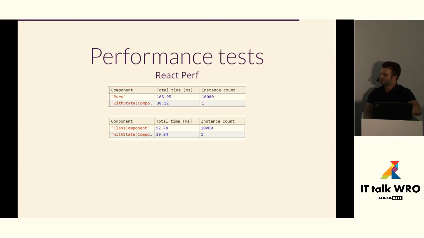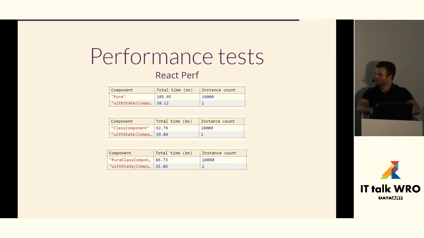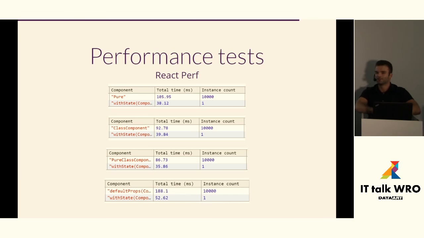Pure class component, 86. And the final one, yep, we have a winner: 188 milliseconds for rendering with default props, and this is just default props. If you want to use all the other features, the speed of execution won't be very high.